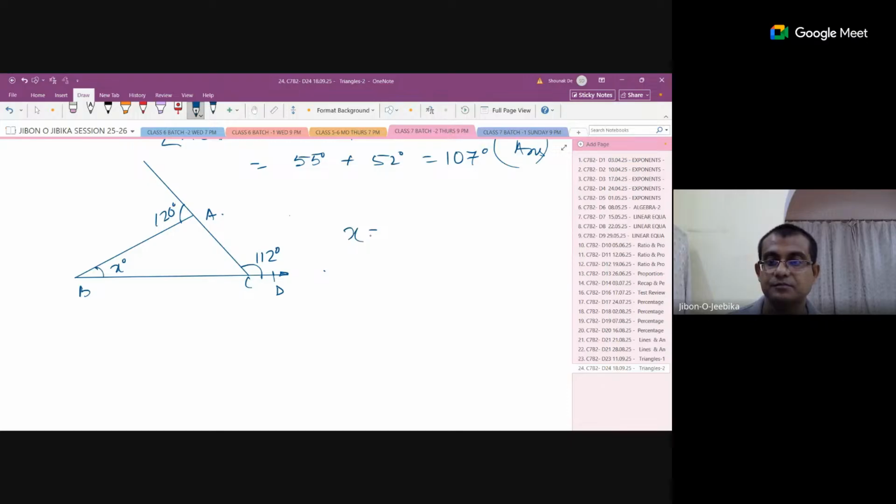Very simple sum. Within a minute, you should give the answer. Good. Yes, it's very simple. Can be done mentally also.